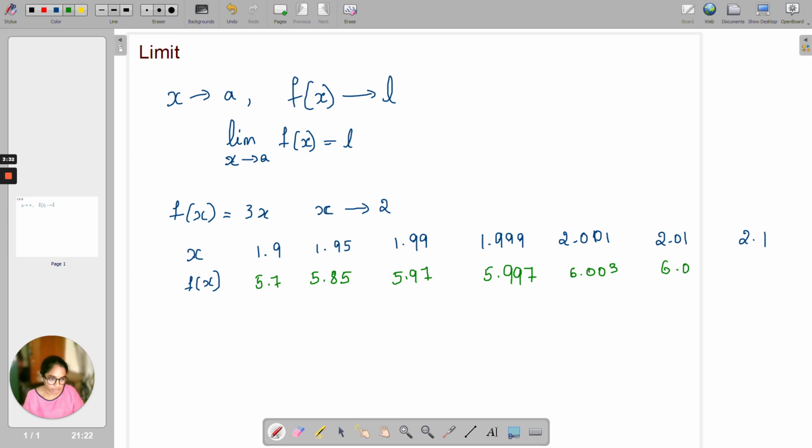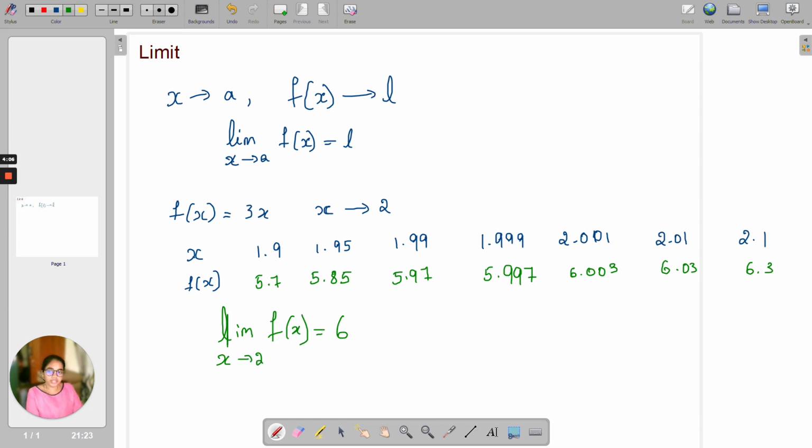I would get 6.03 and 6.3. Now, if I round off these values, 5.7, 5.85, what would I get? I would get 6 itself. So can I write limit x tending to 2, f of x is equal to 6.